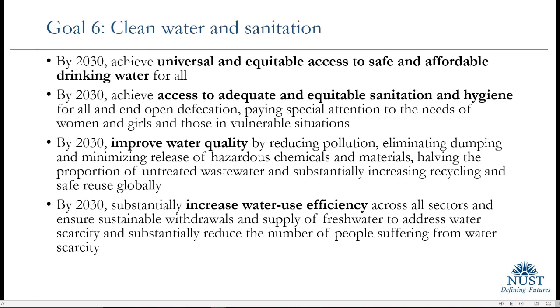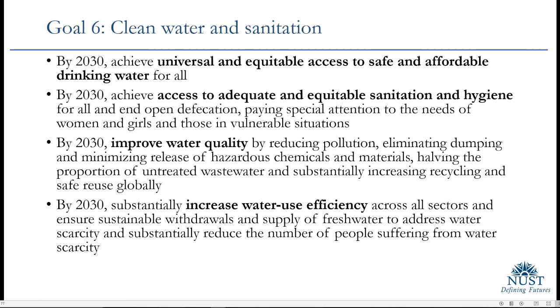It should be safe, which means water should be of good quality, and it should be affordable. If you have good quality water available in Pakistan, but it is expensive, then there is no use. It doesn't mean that the SDG goal has been achieved.